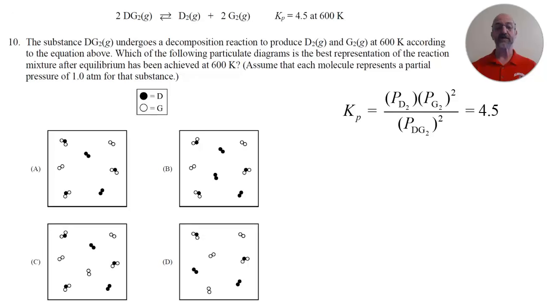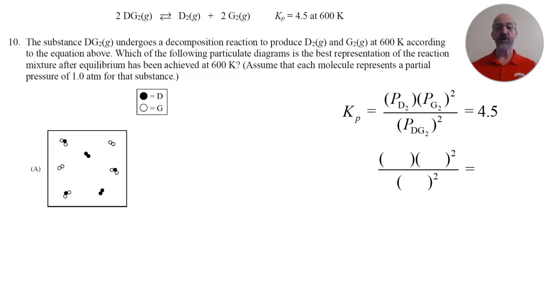Let's go ahead and begin with the diagram for choice A. The first thing that I notice is that I see 2 particles of substance D2, and so that means that the partial pressure of D2 is 2 atmospheres. So I will put the number 2 into my expression.